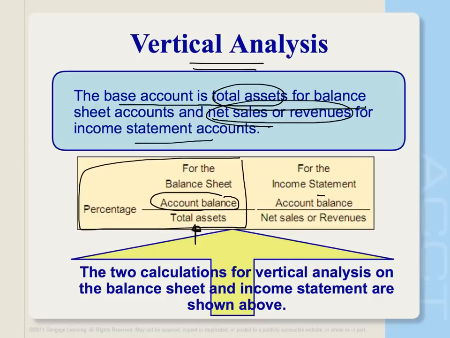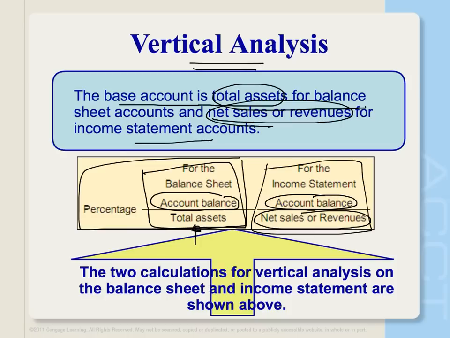For the income statement, you're going to use the account balance we want to measure, just like here, but you're going to divide it by net sales or revenues. The two calculations for vertical analysis on the balance sheet and income statement are as we show above, and students sometimes have difficulty remembering what to divide by. So the key is for the balance sheet, you divide by total assets. For the income statement, you divide by net sales or revenue.